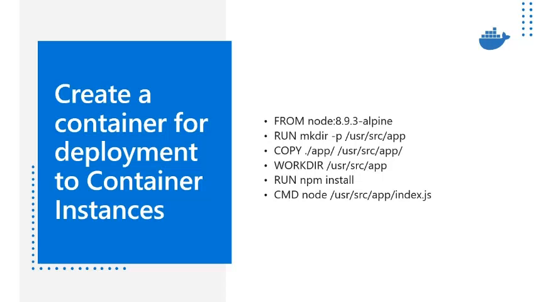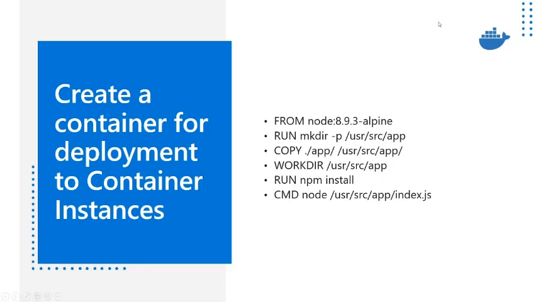The Dockerfile for the application shows how the container is built. It starts from an official Node.js image based on Alpine Linux, a small distribution that is well suited for use with containers, and it then copies the application files onto the container, installs dependencies by using Node Package Manager, and finally starts the application.